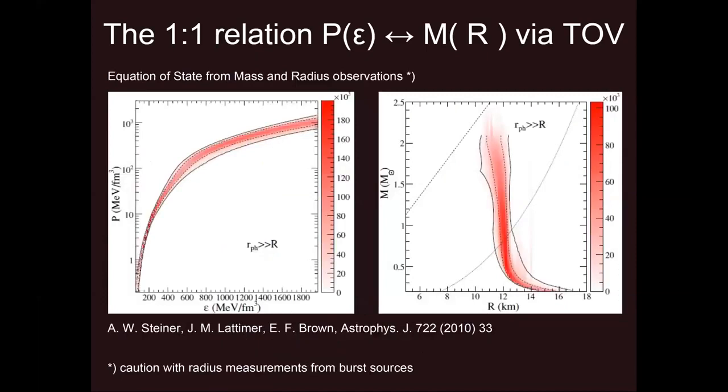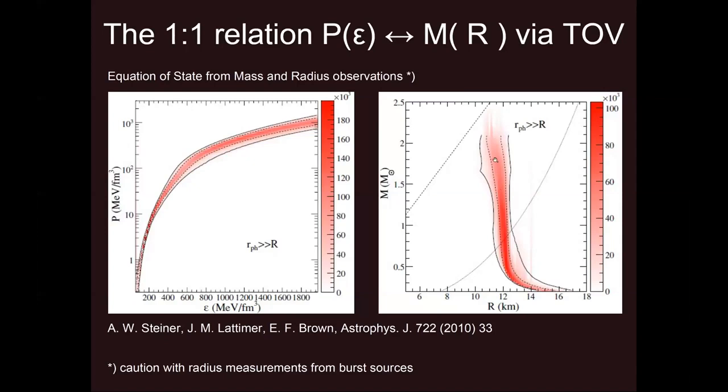What about the experimental situation? So, inferring the equation of state from mass-radius measurements. Early work, also using Bayesian analysis, was done by Andrew Steiner, Jim Lattimer, and Ed Brown 10 years ago. And they used the radius expansion bursts of compact stars in low-mass X-ray binaries.